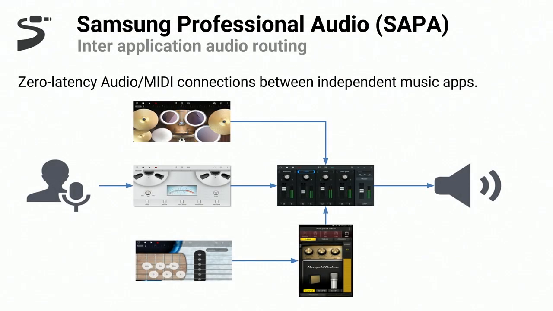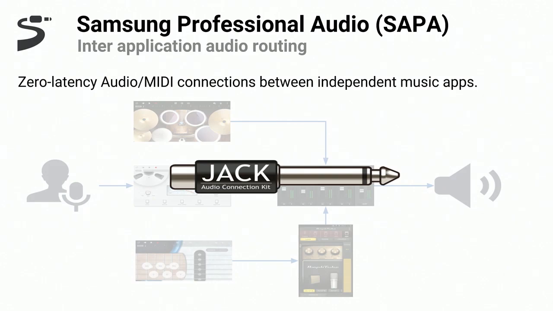You can connect as many apps as you want, depending on the CPU, in whatever form, in serial and parallel, with no additional delay. SAPA's inter-application audio routing is based on the well-known JACK Audio Connection Kit. So if you are familiar with JACK already, then you just say, gotcha.